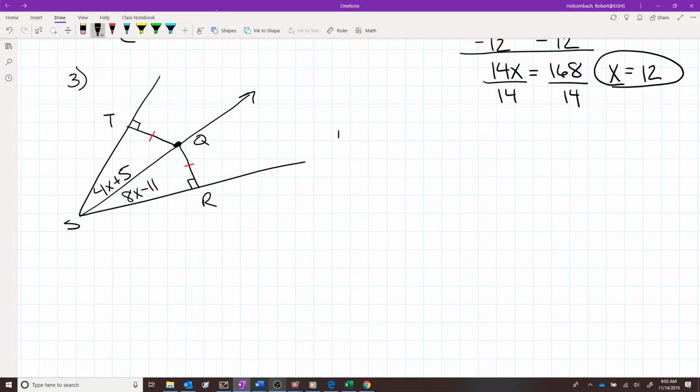In this case, you're asked to find the measure of angle RST. So if these two angles are equal to each other, then 4x plus 5 is equal to 8x minus 11.